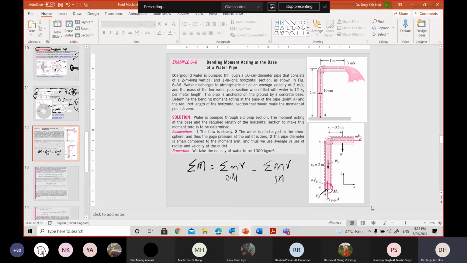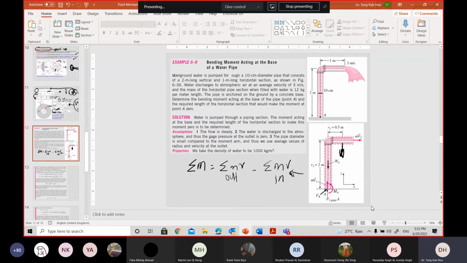But what about the inlet contribution, as I mentioned last time? In this case, you need to consider your weight, W. So this one eventually will go into this.